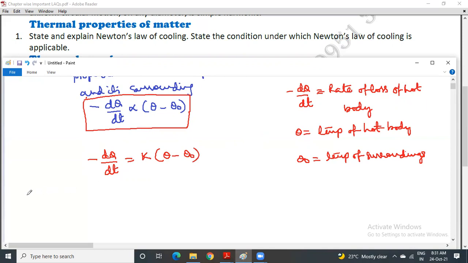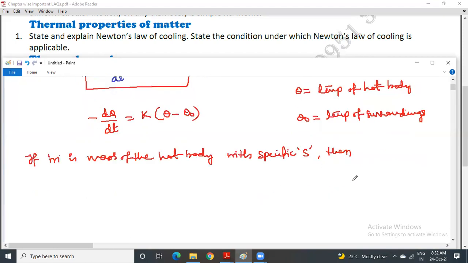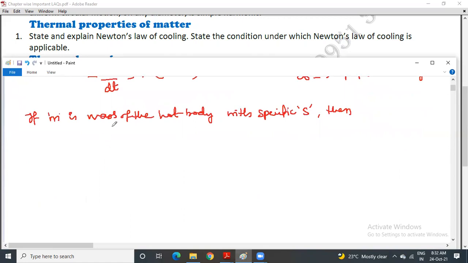Now, if m is the mass of the hot body with its specific heat s, then from the definition of specific heat, you will write the equation as dq is equal to ms d theta.